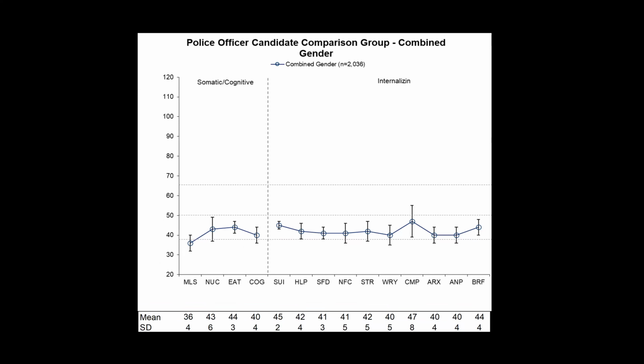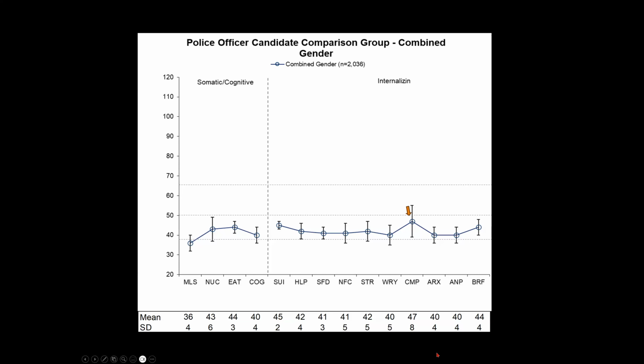Looking at the specific problem scales, the one I wanted to point to here, in general, we see similar findings, below average means and smaller standard deviations. The one exception is the compulsivity scale, where this is a measure that at clinically elevated ranges identifies someone who engages in compulsive, repetitive checking behavior, tends to be rigid.